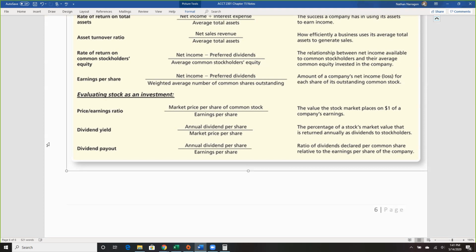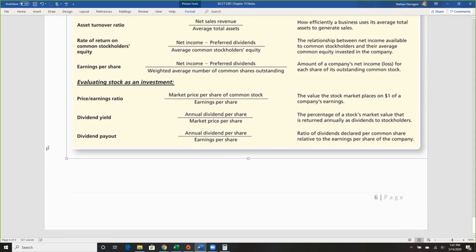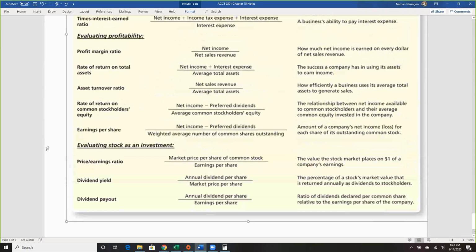Again, we're really checking how many times they issue dividends, how much those dividends are, and really, are we going to be making any money off the stock? That's why investors really love companies that issue dividends. And as you can see, that's it for the analysis chapter.